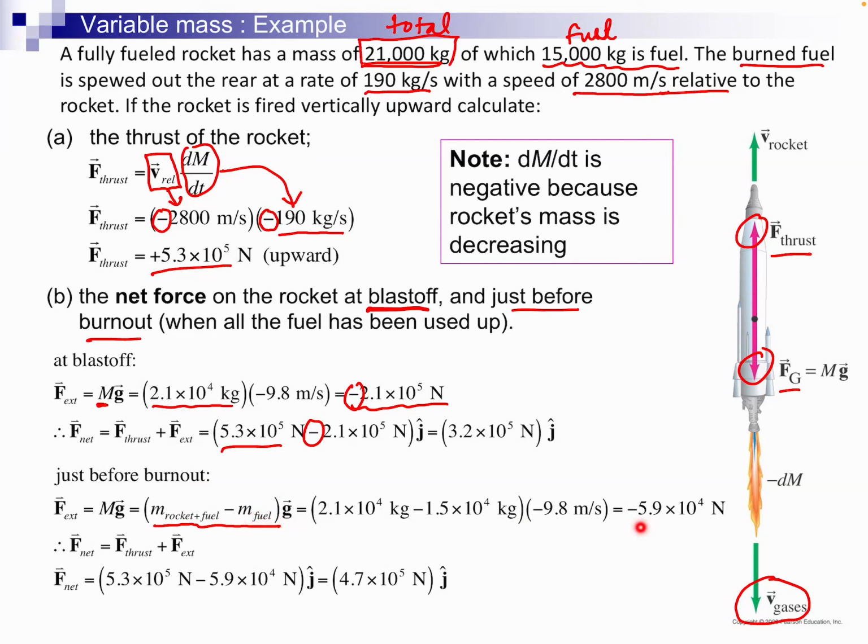So the weight of your rocket would just be from the shell, the rocket itself, without the contribution of fuel, which should be smaller than what we found earlier. Then the net force will again be the thrust from A minus the new weight that you've calculated without the fuel.